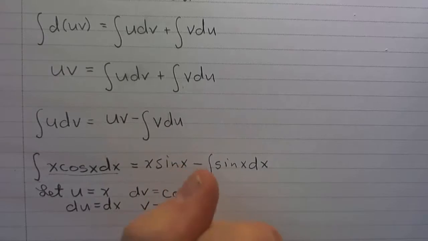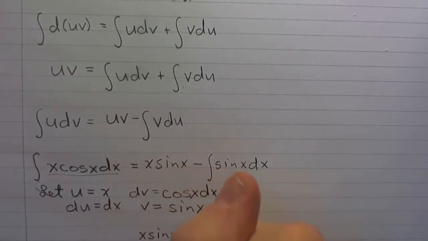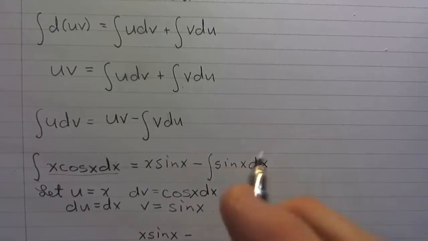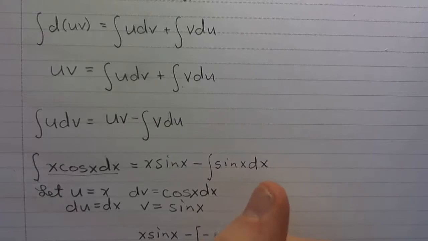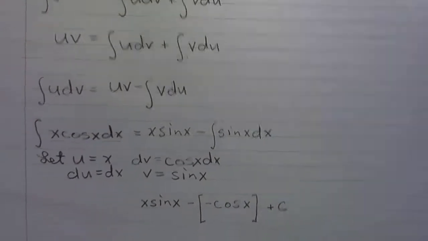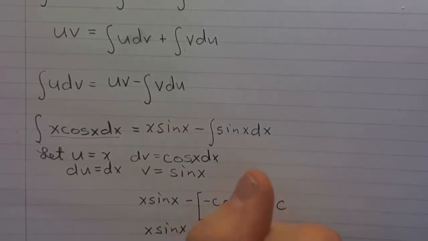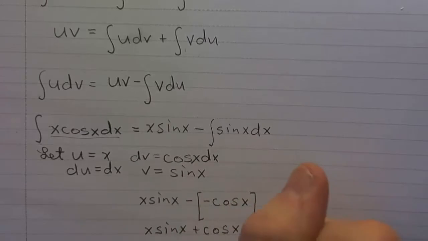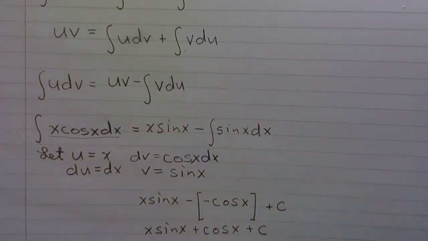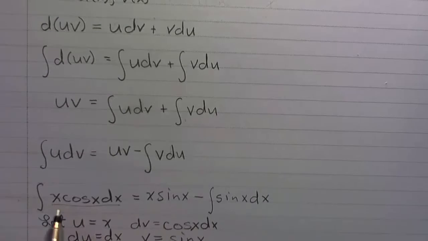So we've got x sine x minus the antiderivative of sine, and I'll just keep this negative out here. It's negative cosine, right? And now I'll put the constant. Now let's see what we've got here. We've got x sine x plus cosine x plus c. And there is our antiderivative. So that's how we could approach this integral using integration by parts.